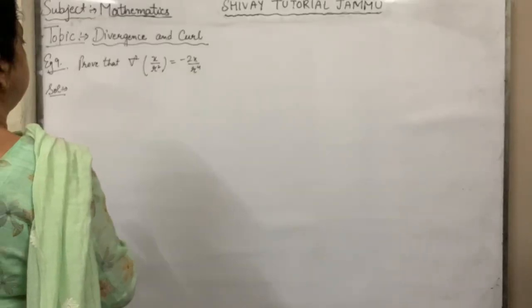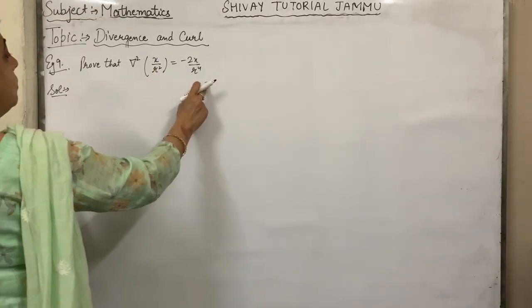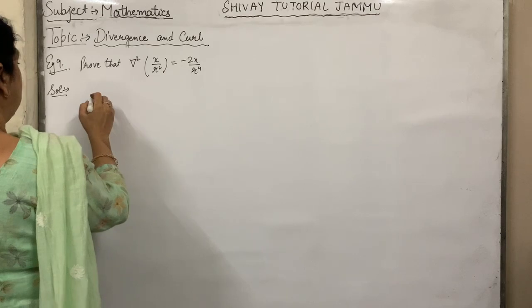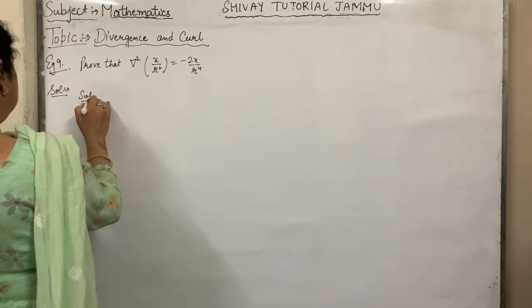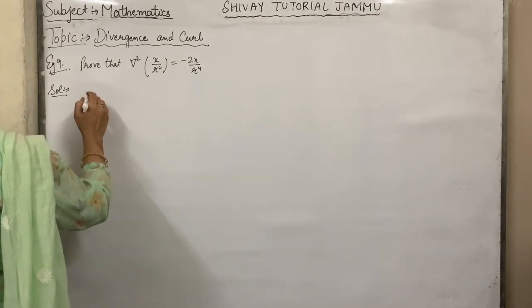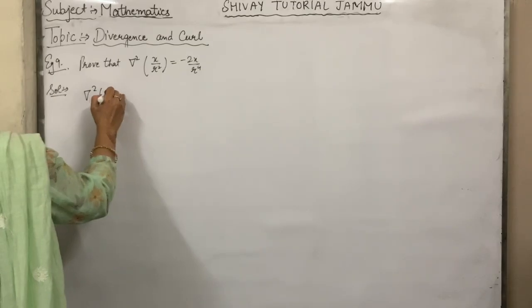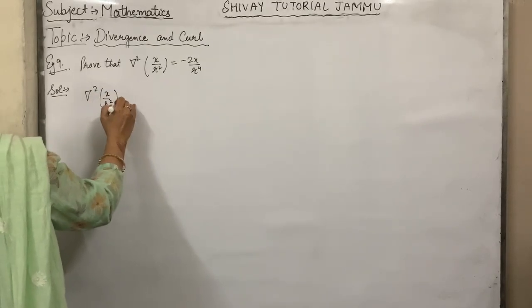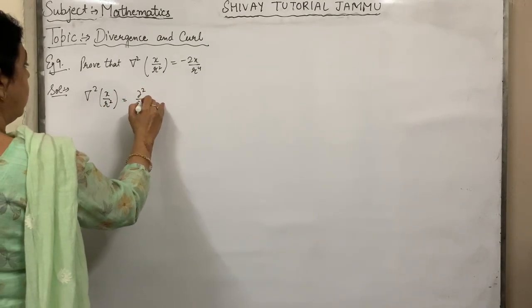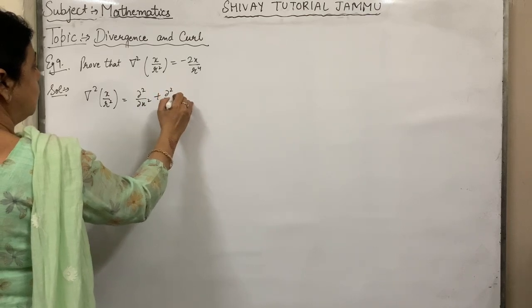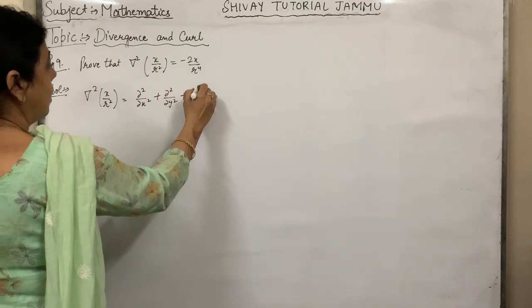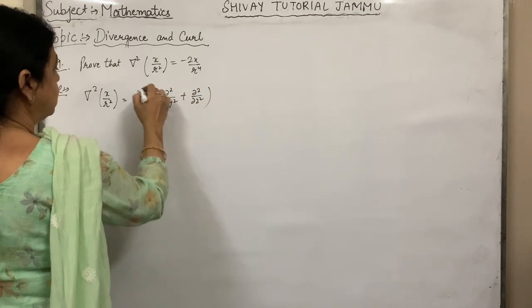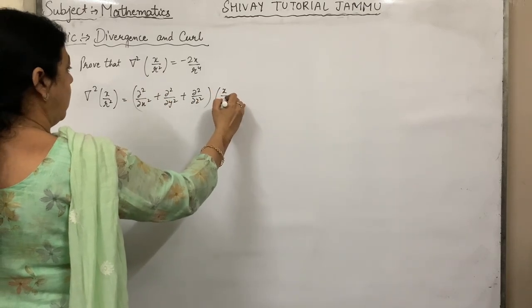Next we have to prove that del square of x upon r cube is minus 2x upon r4. Firstly we will use, what is del square of x upon r square? This is ∂²/∂x² plus ∂²/∂y² plus ∂²/∂z² of x upon r square.